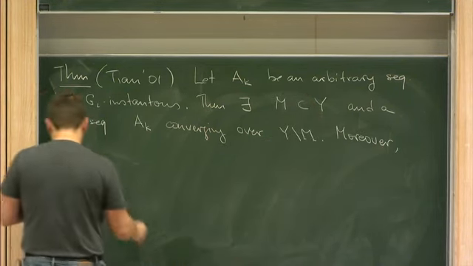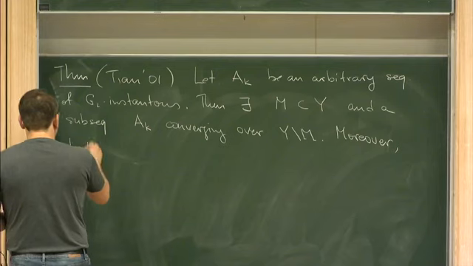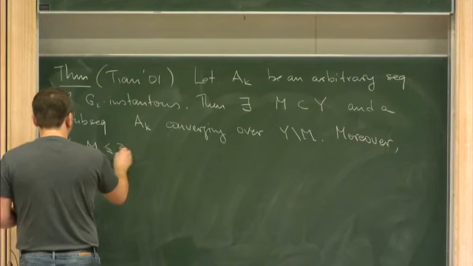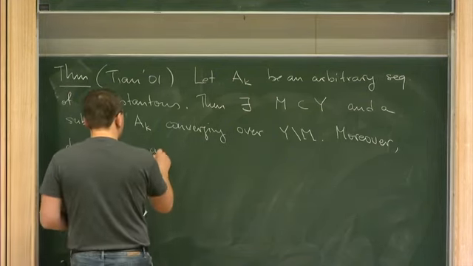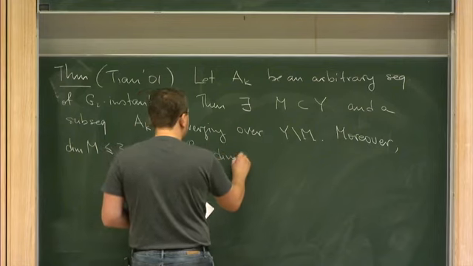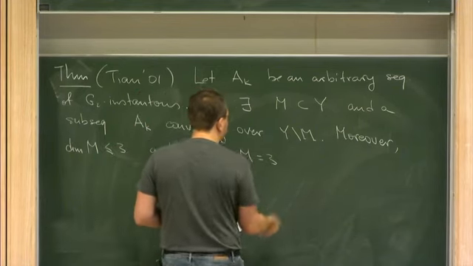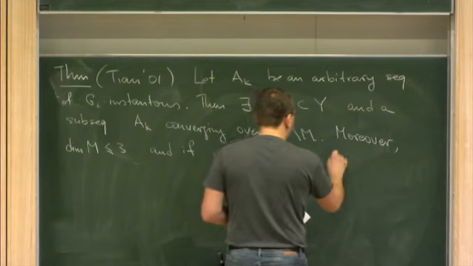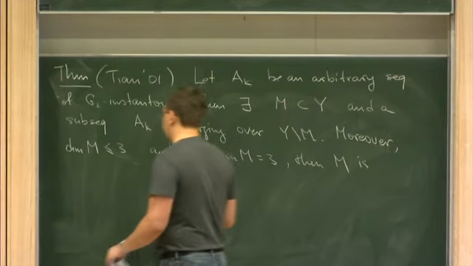Moreover, the dimension of M is at most 3, and if the dimension of M equals 3, then M is associative.